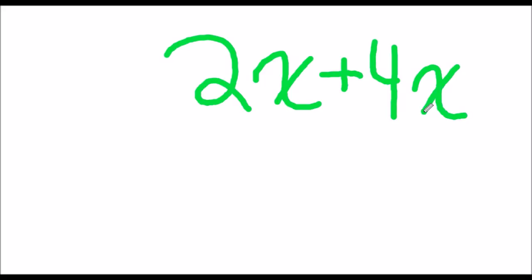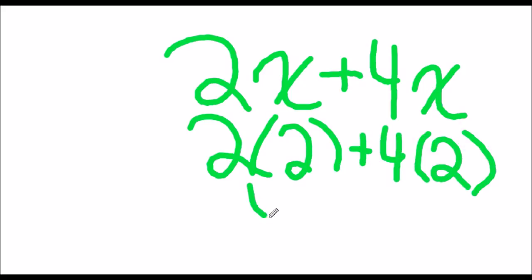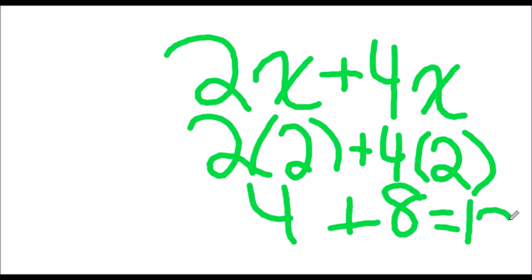So, if you wanted to find the value of that expression, if x was equal to 2, then it would be 2 times 2 plus 4 times 2, which is 4 plus 8, which is equal to 12, right?